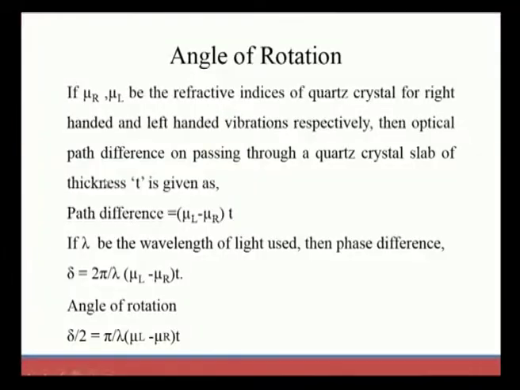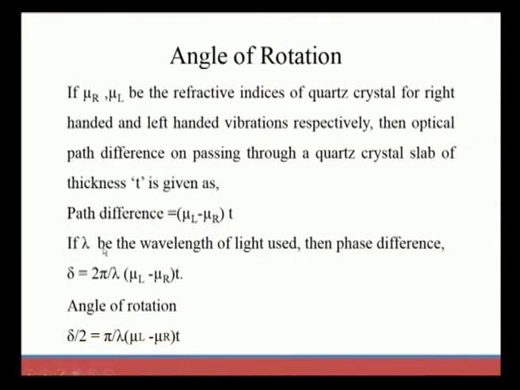If mu r and mu l are the refractive indices of a quartz crystal for right handed and left handed vibrations respectively, then the optical path difference on passing through a quartz crystal slab of thickness T is given by mu L minus mu R into T. So, this is the path difference we can give.